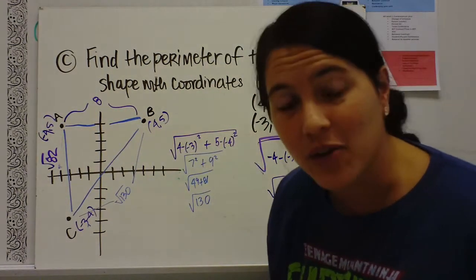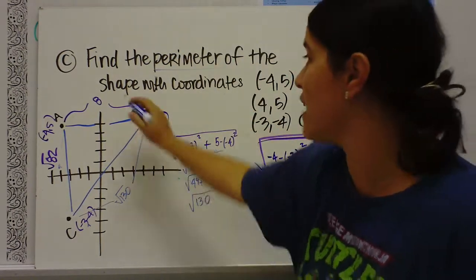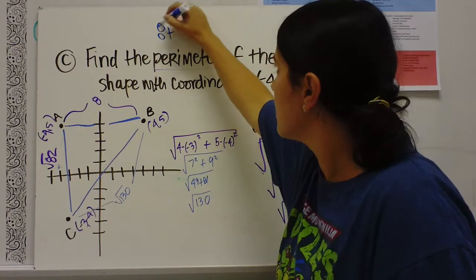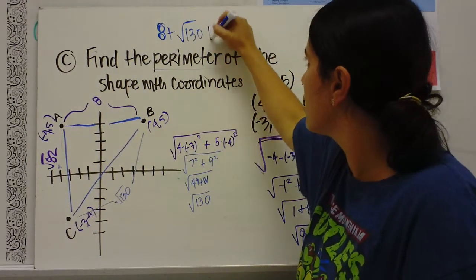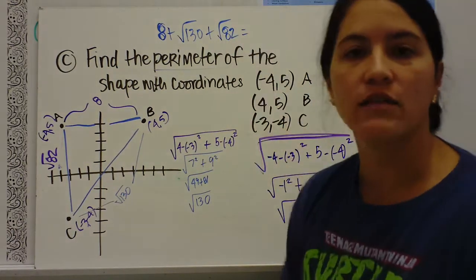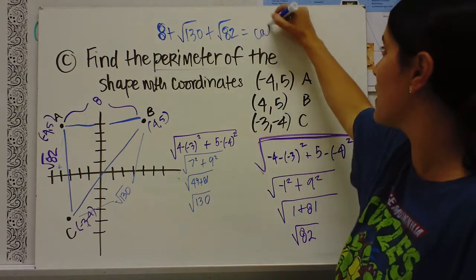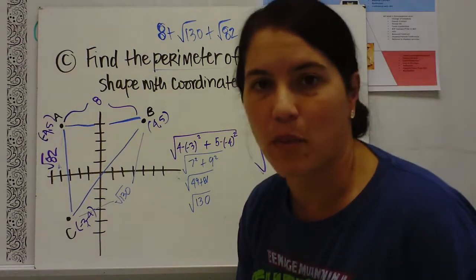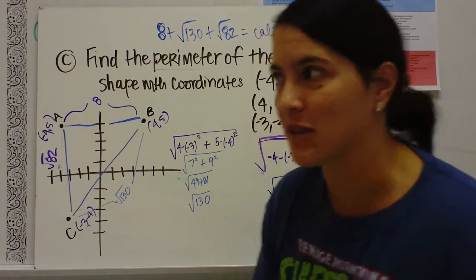Now, let's go back to my question, and it says find the perimeter. To find the perimeter, you have to add up all the sides. So 8, right here, plus the square root of 130, plus the square root of 82. All of that would give me the perimeter. I don't know what those square roots are, so I would type that into my calculator and get an approximation.